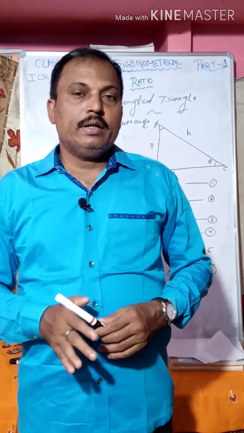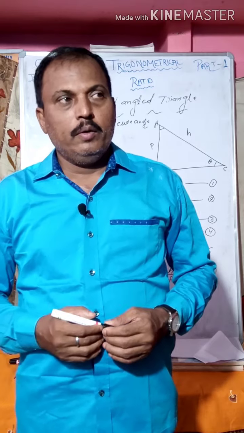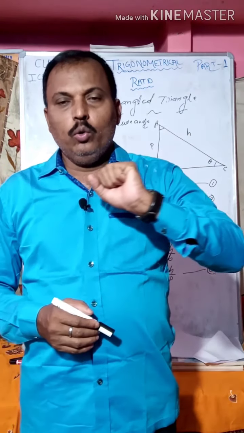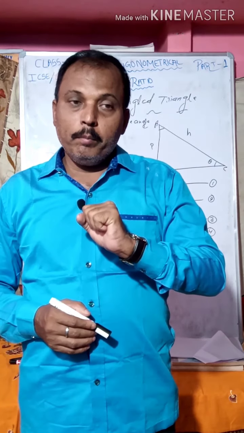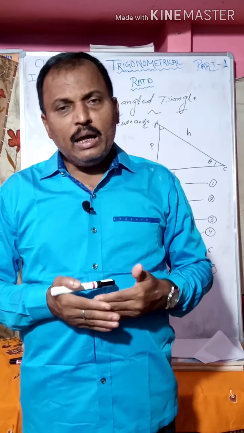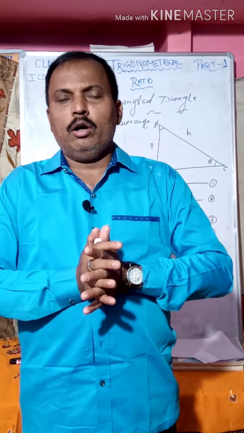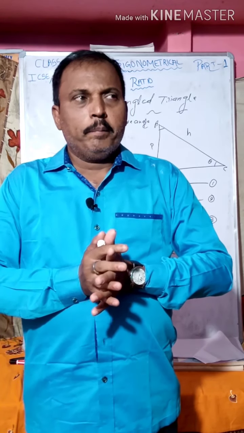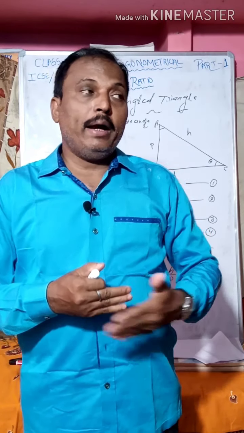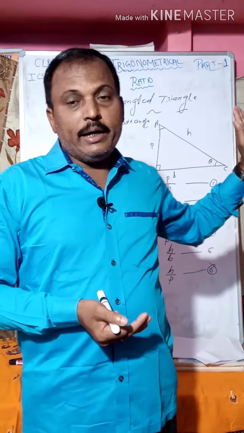These are the 6 trigonometrical ratios. By taking these 6 trigonometrical ratios, we will form many more formulas. Do not just remember them; understand how we can create formulas from these trigonometrical ratios.